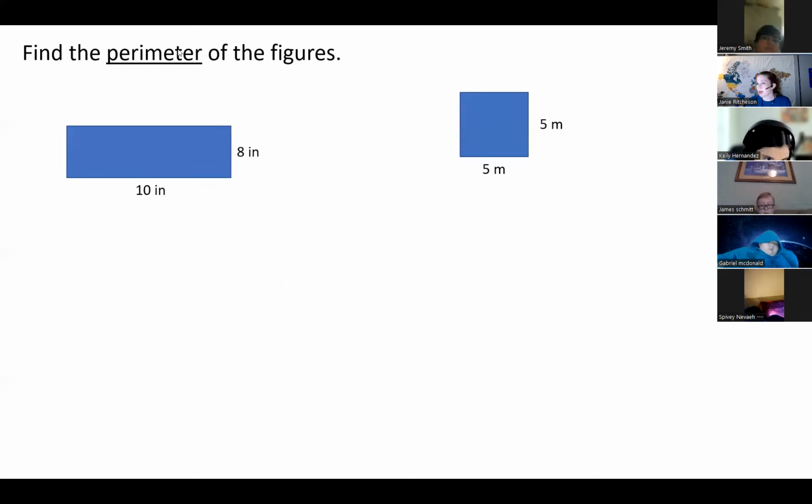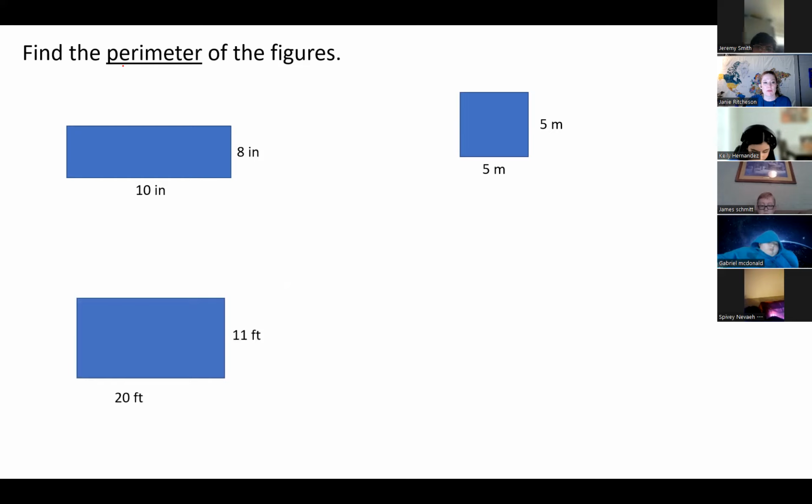So the other day we talked about area very briefly, right? So to find the area of 2 figures, you multiply the 2 sides together. Okay. Well, today, some of them are perimeter and some of them are area. So perimeter, y'all remember how to do that? We're going to add all 4 sides together.